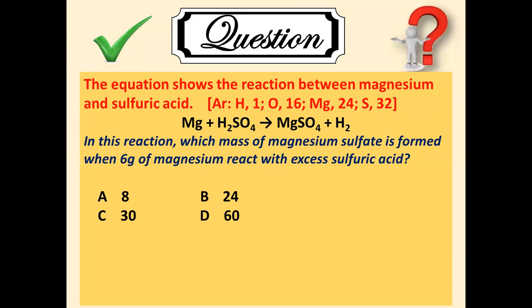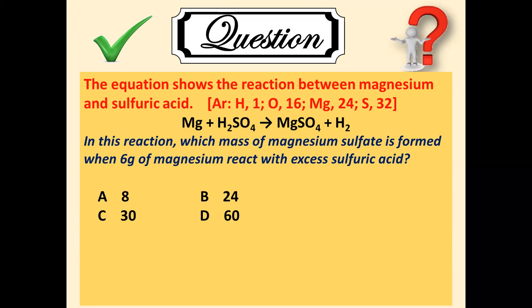In this reaction, what mass of magnesium sulfate is formed when 6 gram of magnesium reacts with excess sulfuric acid? When we talk about excess sulfuric acid, it means we need to ignore it. So we are going to find the value of magnesium sulfate with reference to magnesium.